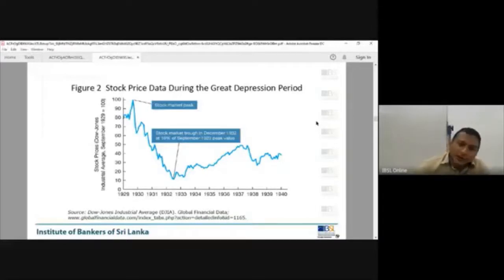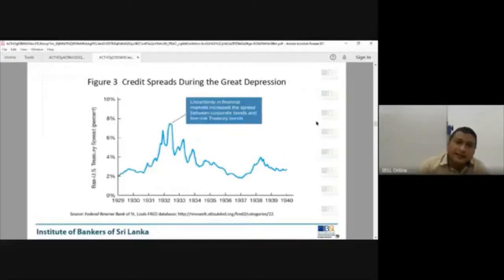So you see the stock market crash from here, and then you see the so-called credit spreads. So the spreads are like what I was mentioning to you all, what you place between two layers of bread to make a sandwich.